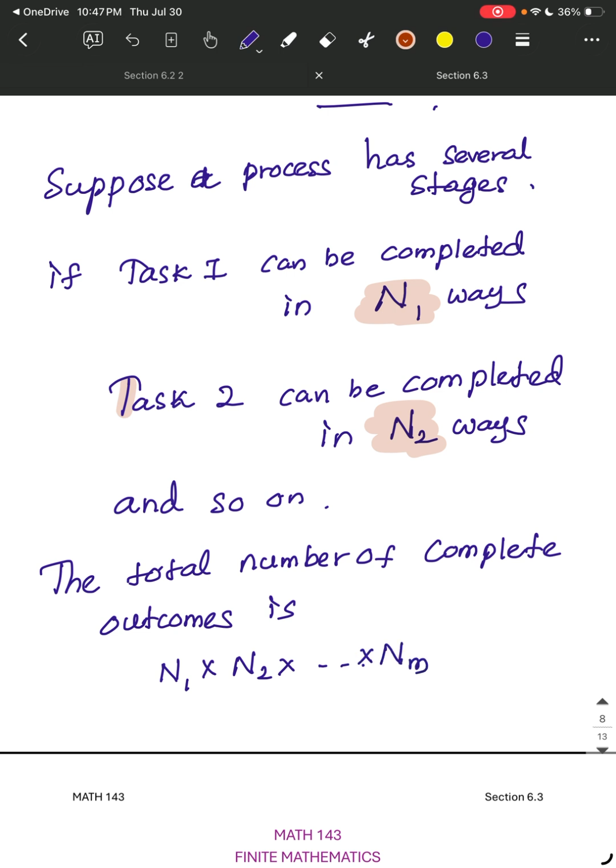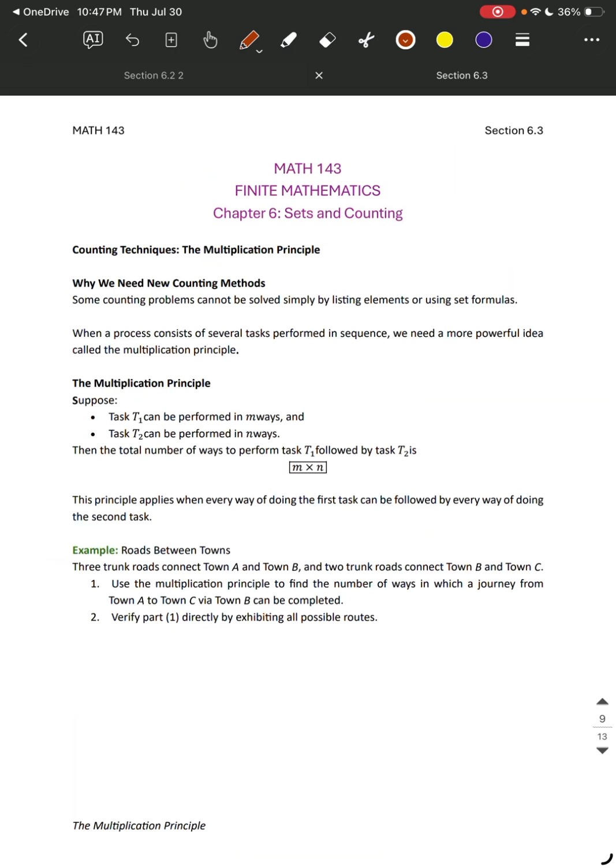We multiply the number of choices available at each stage. Okay, that's the thing. Then let's go for the example.